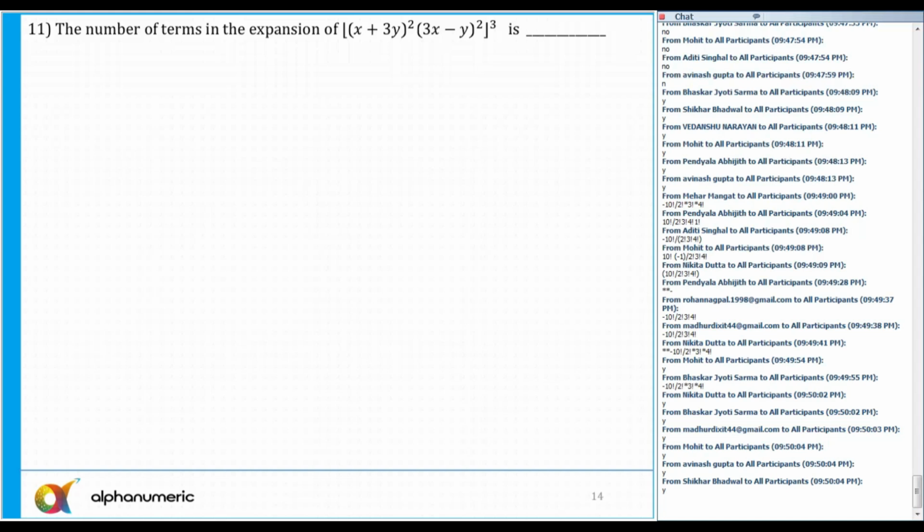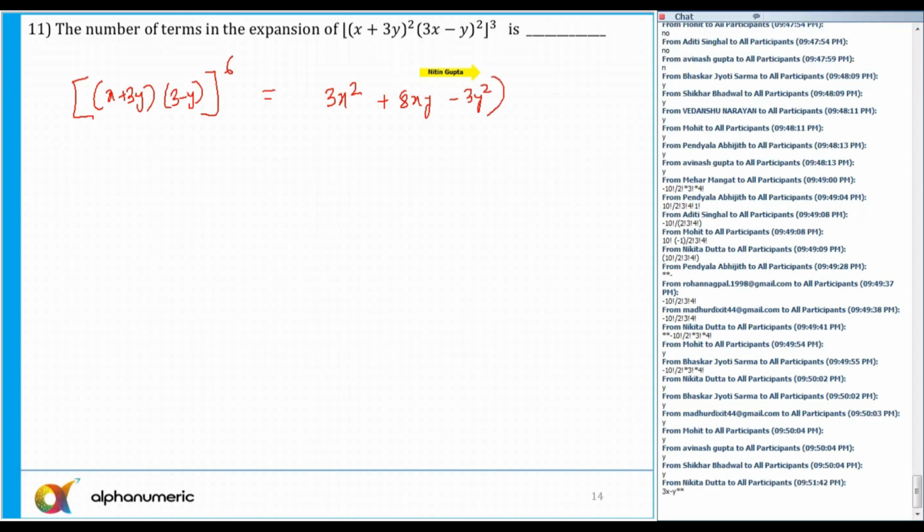Okay, I can write down this as what? That is equal to x plus 3y into 3x minus y whole raised to power 6. Is that clear to all of you? This power 2, you can take it outside, so it comes out to be whole raised to power 6 here. So this is equal to how much? That is 3x square plus 8xy minus 3y square, this is what I'll get raised to power 6.